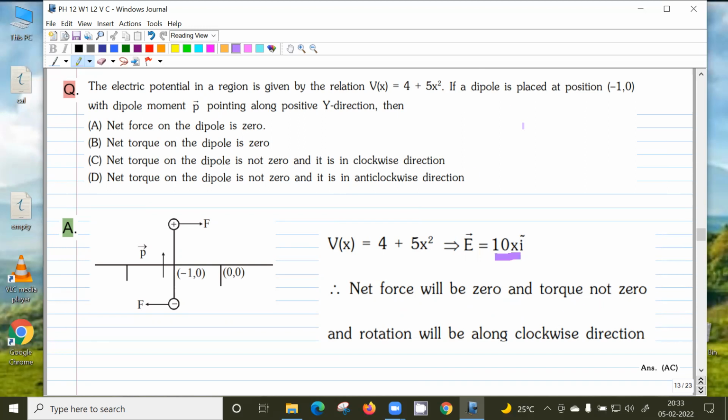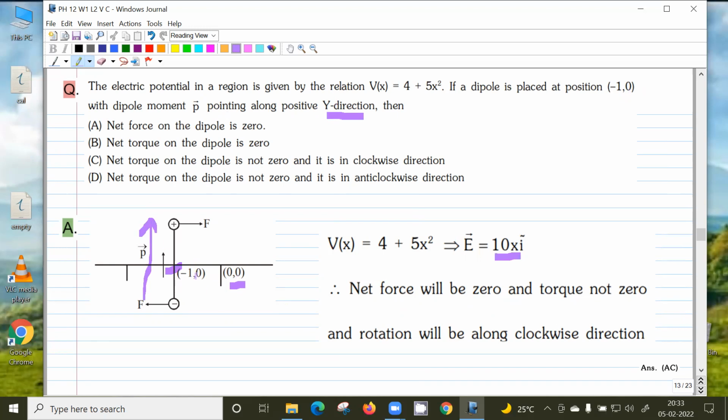Another thing is the dipole is in the position x equal to minus 1. We have to see also how the dipole is placed. This is the origin, this is x equal to -1, and the dipole moment is in the y direction. So minus is here and plus is here. So this is the dipole direction.